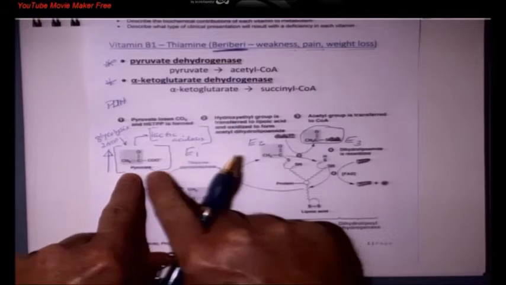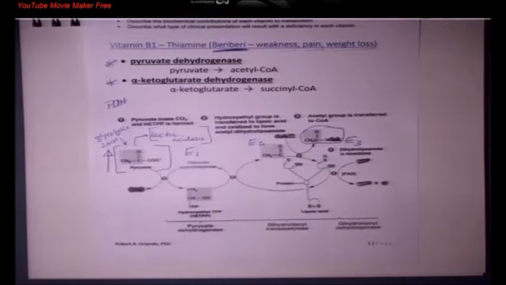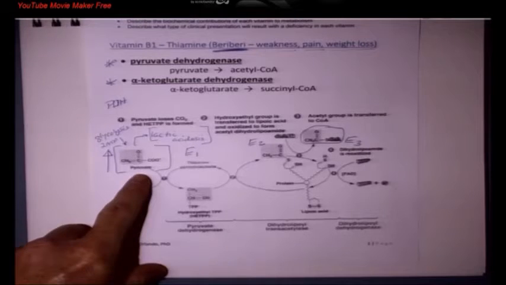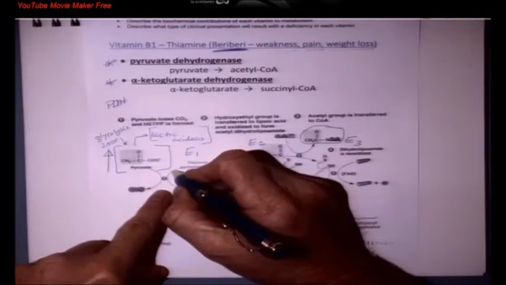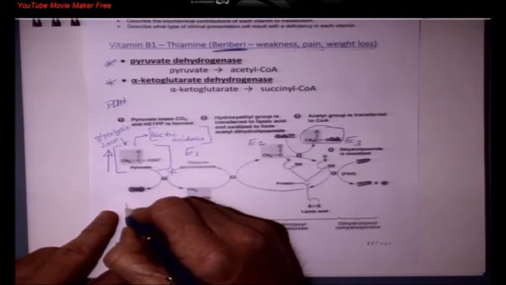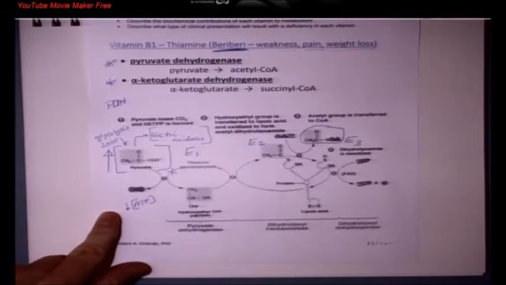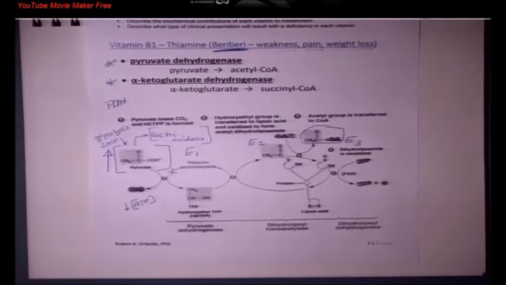It's going to push that pyruvate even more into lactic acidosis, into lactate production. That will cause the muscle cramps and muscle pain. Because we're blocked at this step with a thiamine deficiency, that means our ability to make ATP is depressed. Okay, so that's B1.